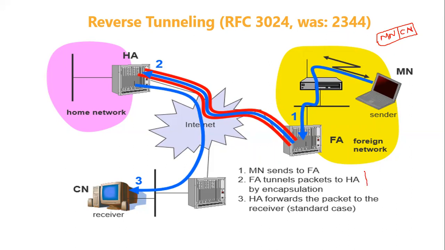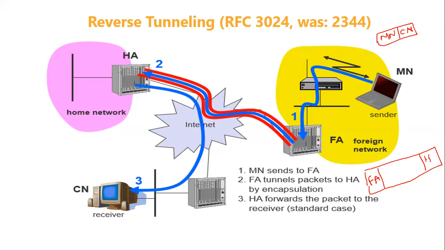For this bigger packet, the source IP address will be FA, that is the foreign agent, and the destination IP address will be HA.